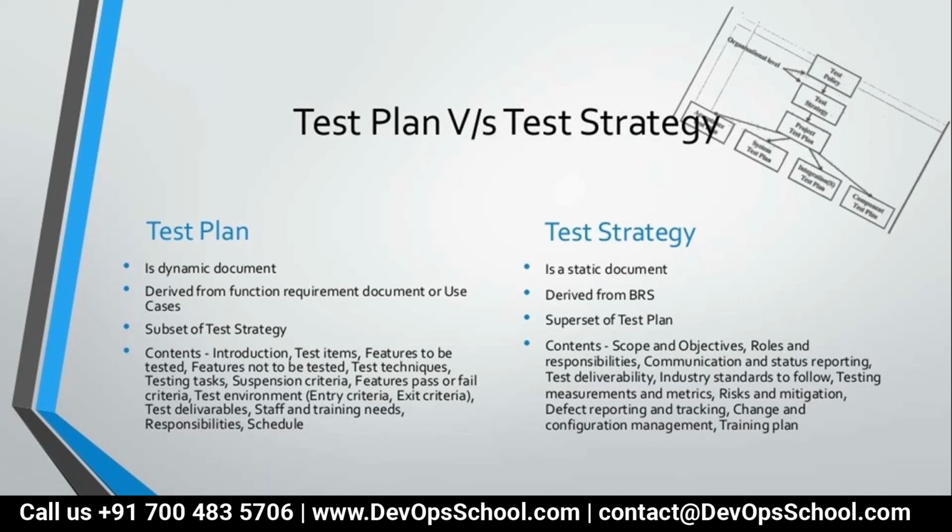A test plan is contained inside the test strategy itself. Like in Azure cloud, I told you, right? Inside the resource group, we are creating the resource. So inside the test strategy, we are creating the test plan. Clear?